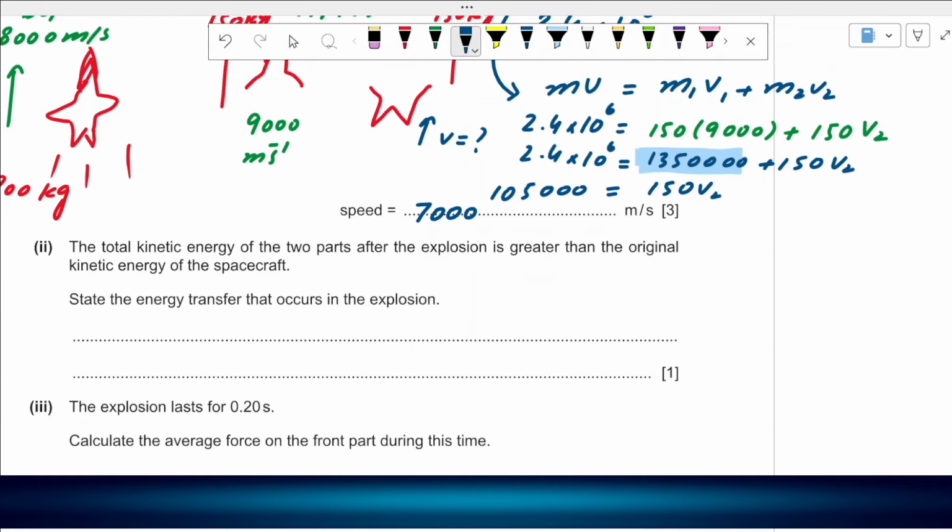The total kinetic energy of the two parts after the explosion is greater than the original kinetic energy of this spacecraft. State the energy transfer that occurs in the explosion.